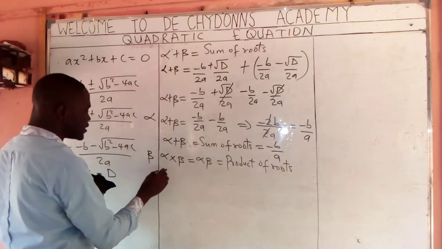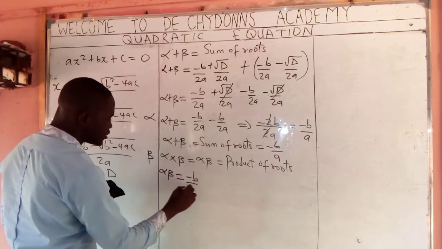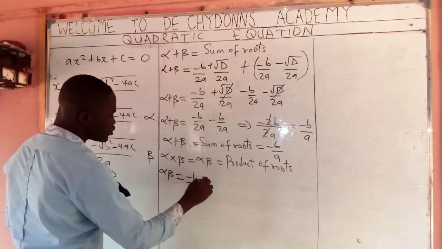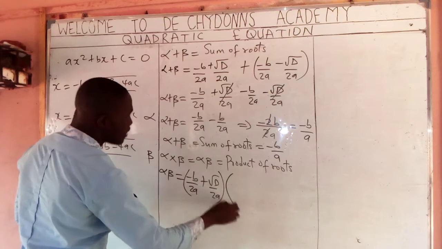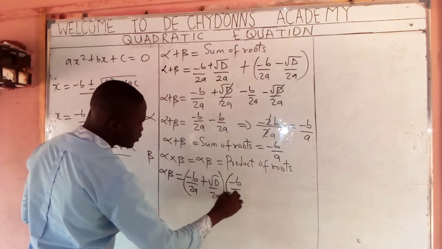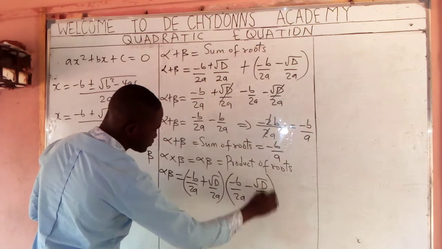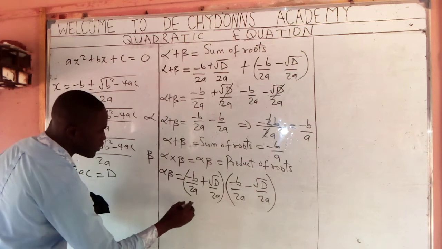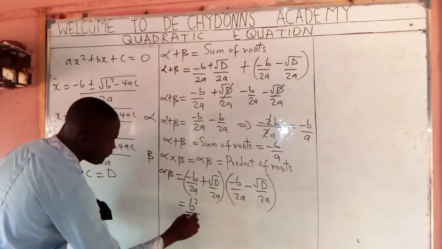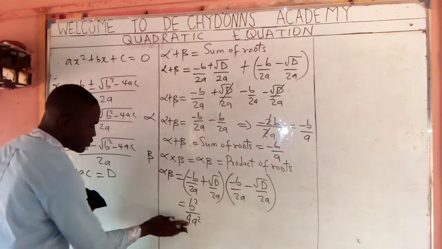Now the implication is that alpha beta is equal to minus b over 2a plus root D over 2a, times minus b over 2a minus root D over 2a. Okay, this times this will give me b squared over 4a squared.